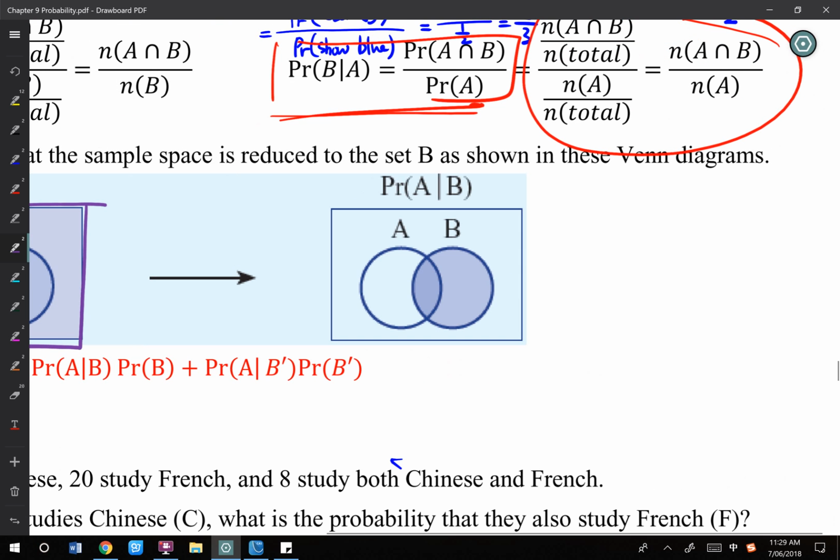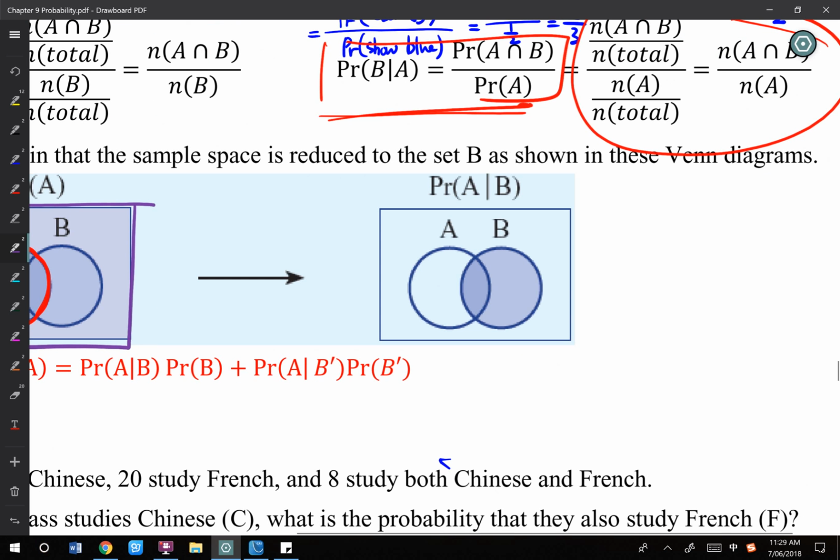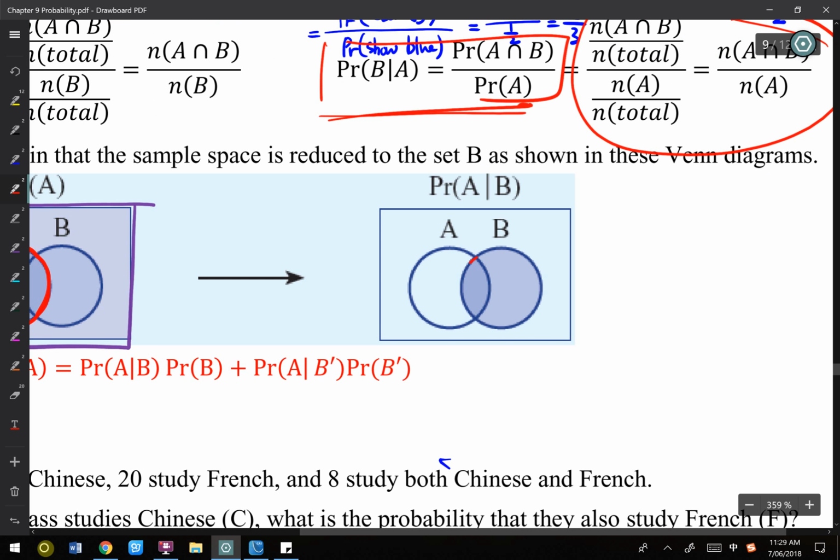But for A given B, you know B is happening and you want A to happen as well. Basically, you reduce the chances to this section, so it's the area of here divided by the area of B.